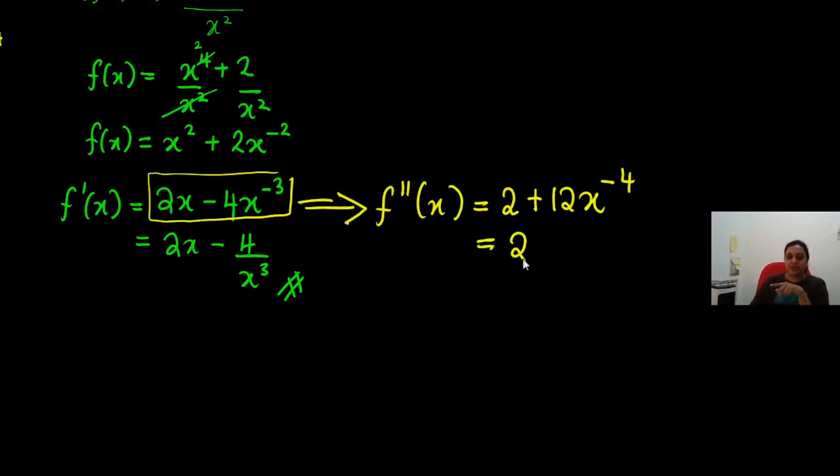Then from here you write down 2 plus 12 over x^4. So this is your second derivative.